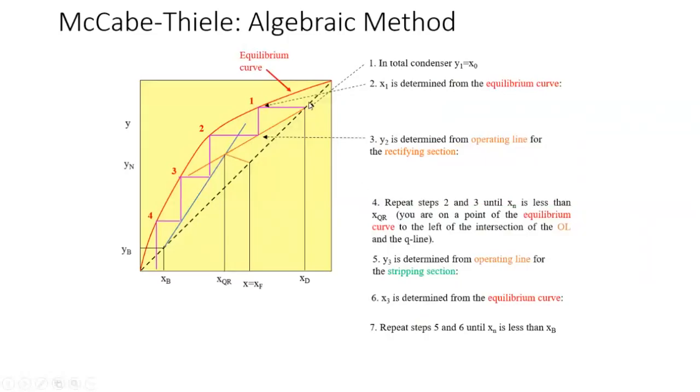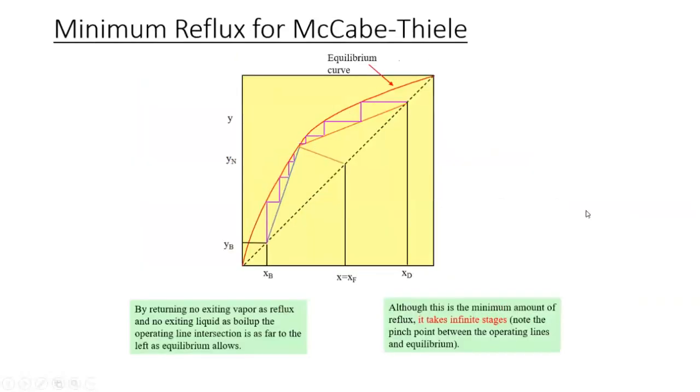And then the number of stages along with composition. The steps have been shown here. So this is just repetition, but in detail we will be getting the composition of liquid and vapor in each stage.